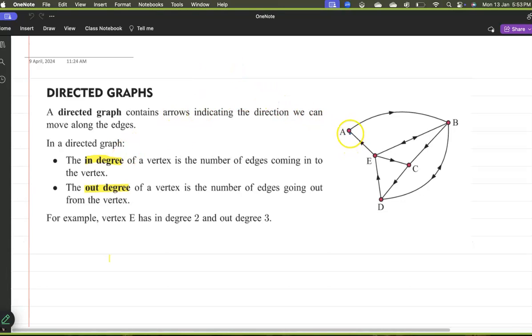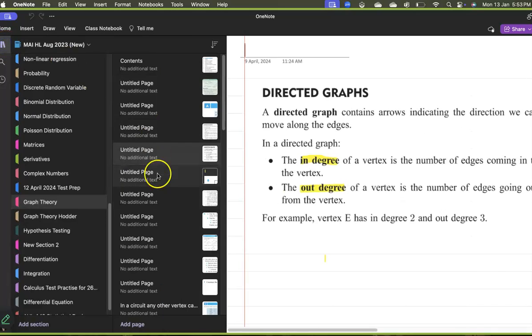So it is 1. And the out degree is also 1. So what is the in degree of E? So 1 and 2. Correct? In degree of E is 2. Out degree, obviously, is the edges going out. So that's quite simple. In degree and out degree.